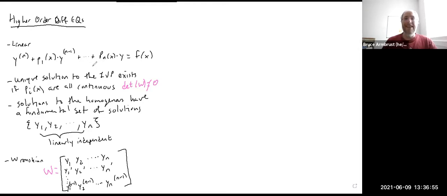When we do the e to the negative integral business. So it's kind of nice, even though we're in a higher order, we still get the same kind of setup as before. It's just bigger. So our solutions, at least to the homogeneous, are going to be some sort of C1y1 plus C2y2 plus all the way down to Cn yn.